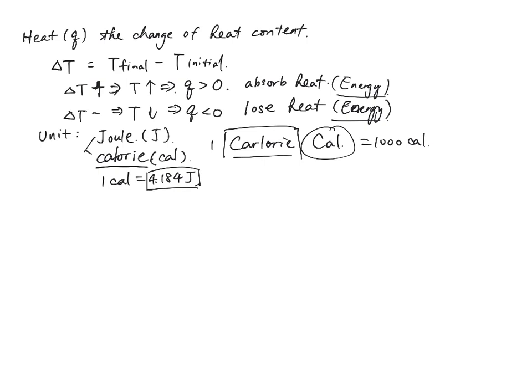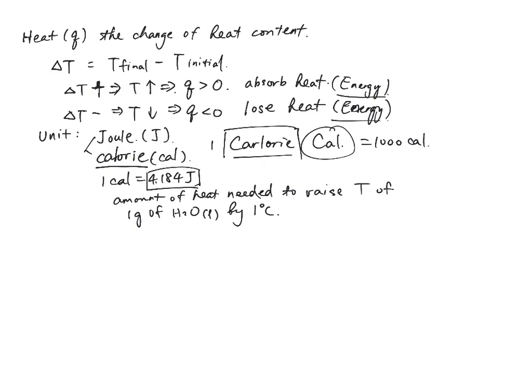So how did you define calorie? Why do you have this weird number of 4.184? 1 calorie, lowercase c, is defined as the amount of heat needed to raise the temperature of 1 gram of water, liquid, by 1 degree Celsius.